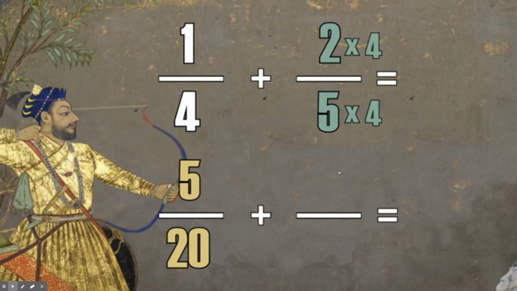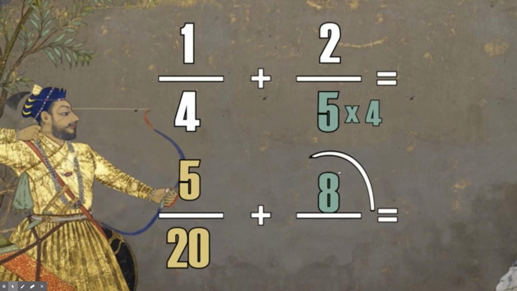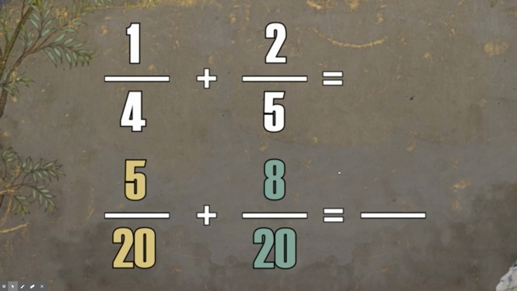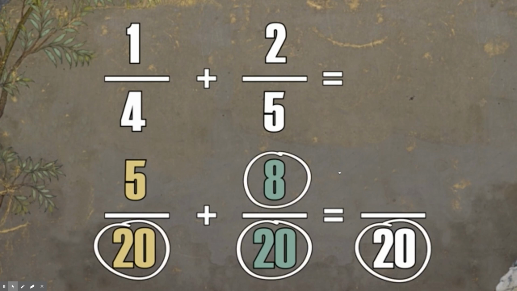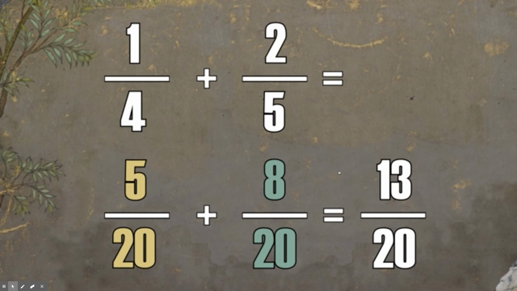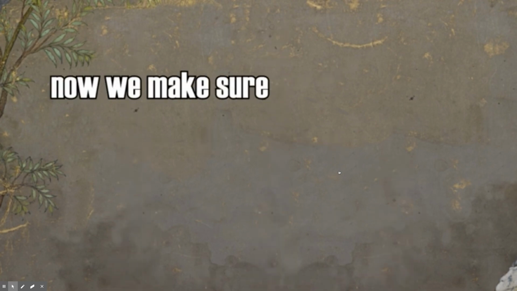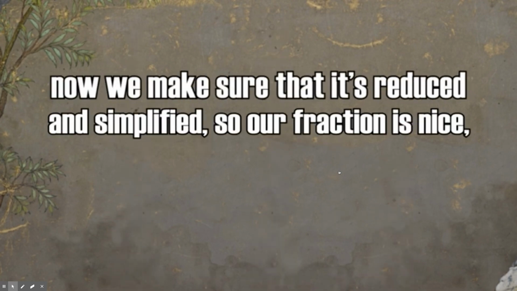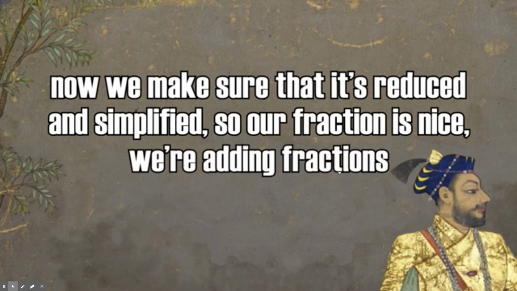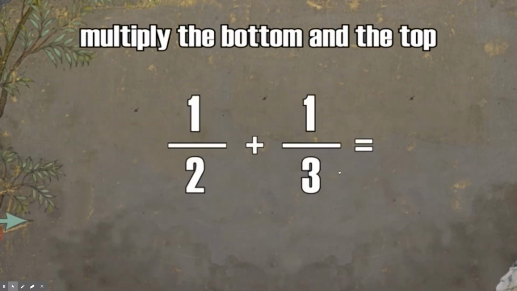We get 8 over 20, that's still equal to 2/5, but get ready. Now we keep the 20 the same, but we add 8 and 5, okay? 13 over 20, yeah, that's the truth. Now we make sure that it's reduced and simplified, so our fraction is nice. We're adding fractions and we're doing it right.